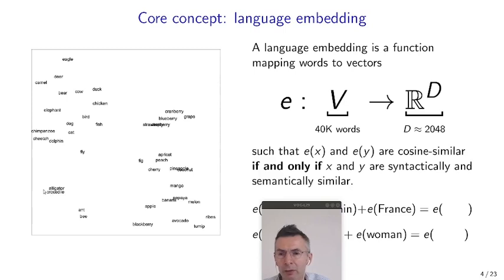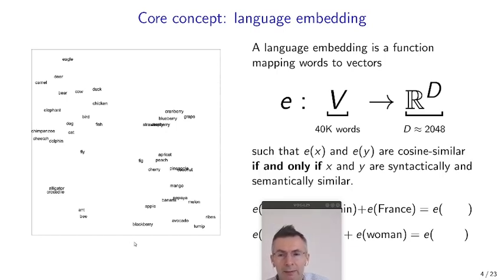So for example, if you look at alligator and crocodile, in this embedding, of course this is just two-dimensional, we know that it's really 2048 dimensions, but here we just imagine it as two dimensions so we can see it on the screen. And alligator and crocodile being words that are very similar from the way they are used, so often people might even use them interchangeably, therefore they map to very similar vectors in this vector space.